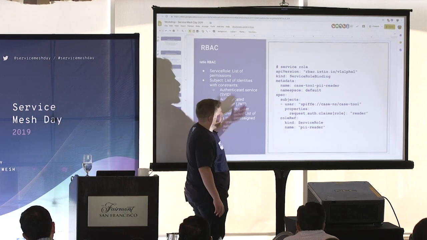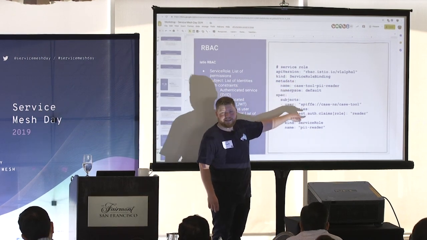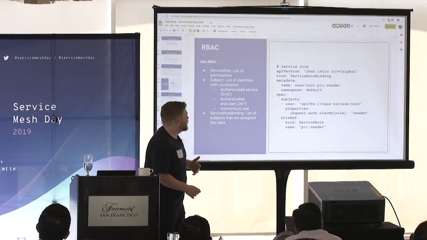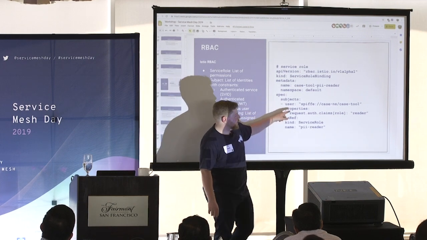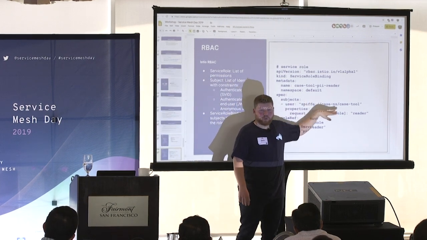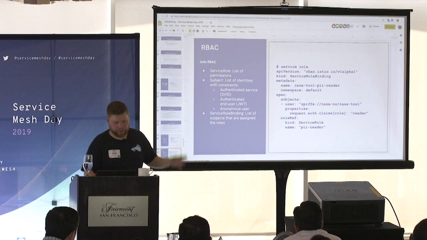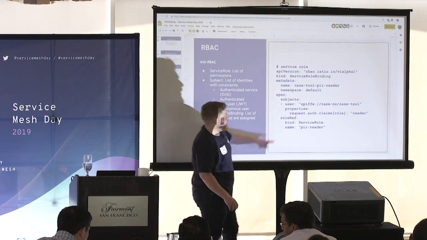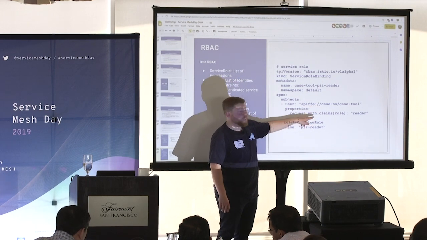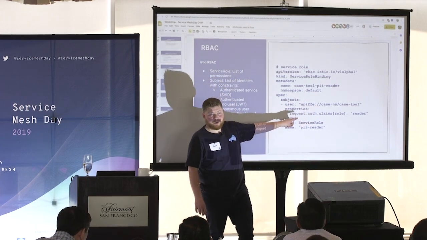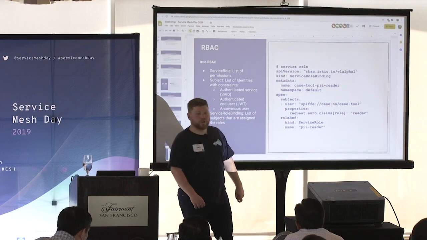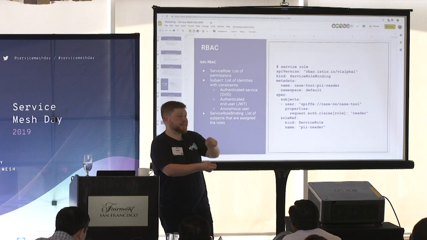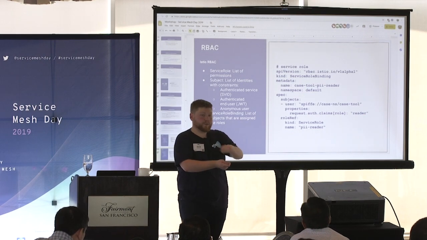I can then take that role and bind it to an identity. And this is what actually is a policy that allows access. So what this says is the identity of my case tool, and I'll show you an example in a second that hopefully will put some of this in context. But this says that my case tool can, with a valid JWT token, with the correct claims, because we can do both the mTLS identity, and then we can also verify a JWT token that's passed in the request as well.